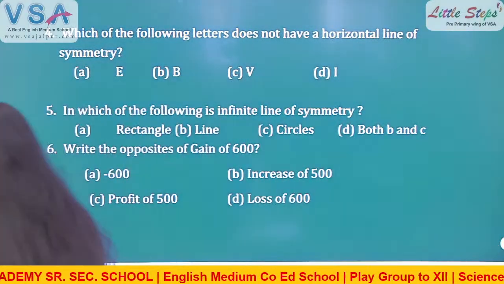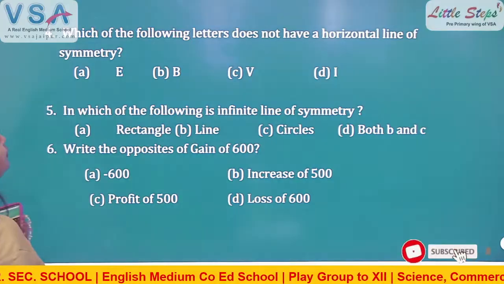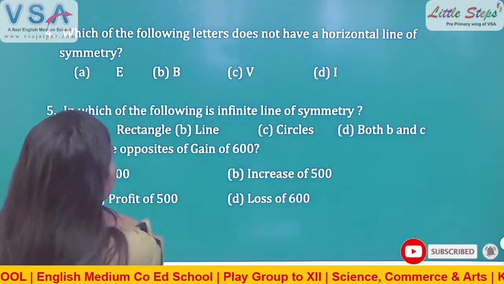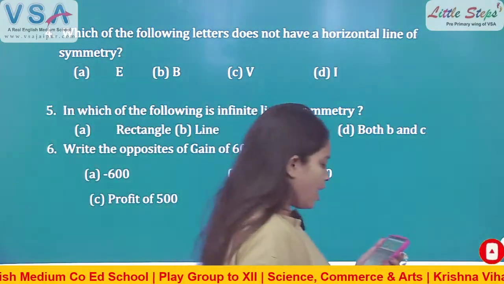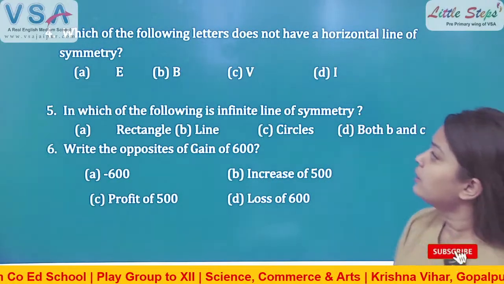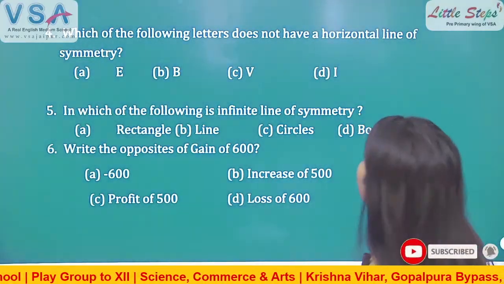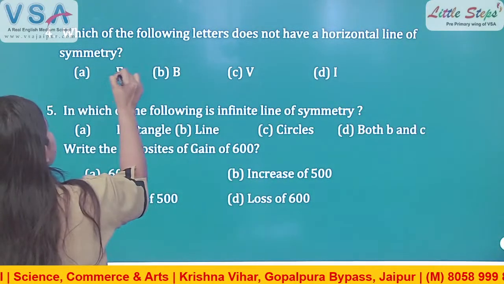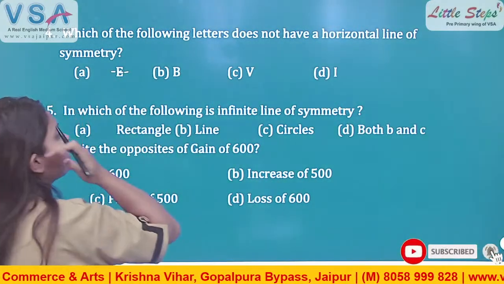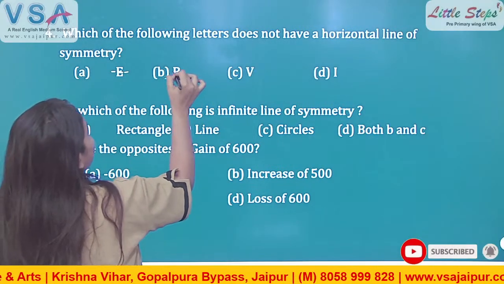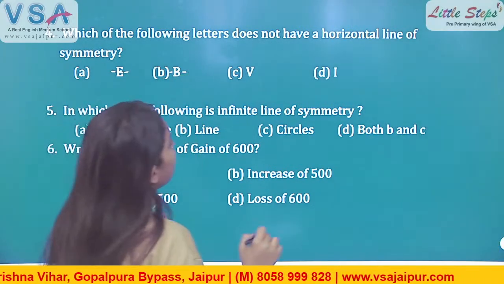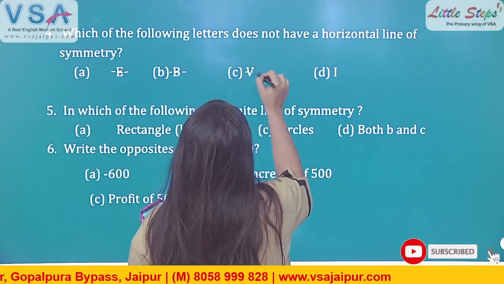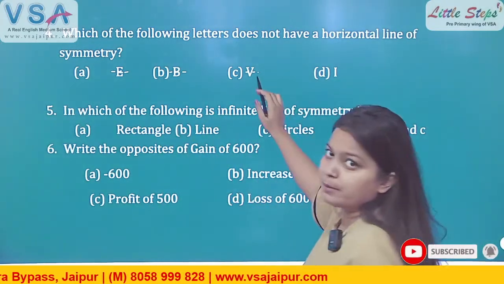Which of the following letters does not have a horizontal line of symmetry? Out of all, which letter does not have a horizontal line? We can divide E with a horizontal line, and we can make it in letter B also, but in letter V it will not be possible.